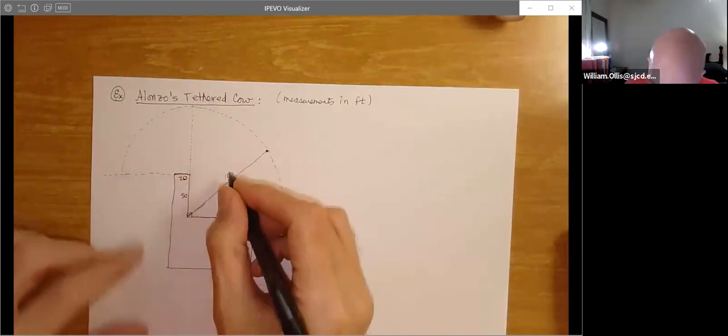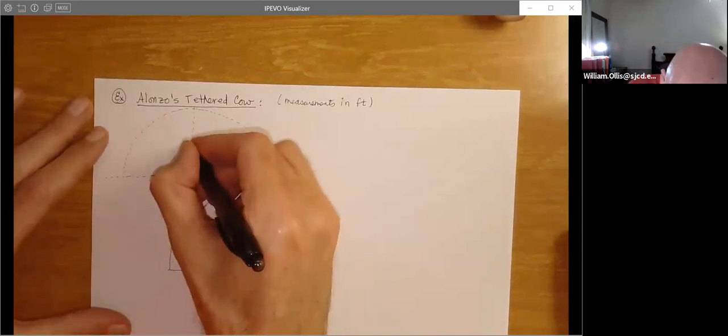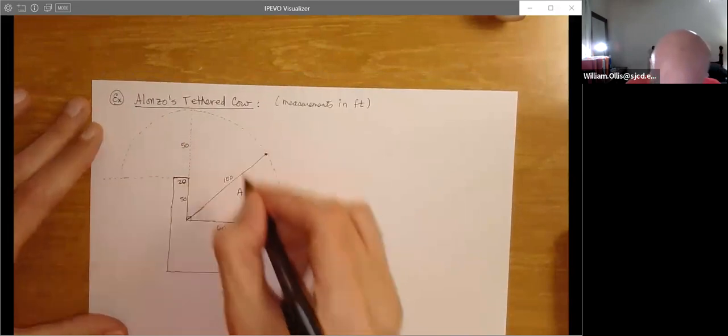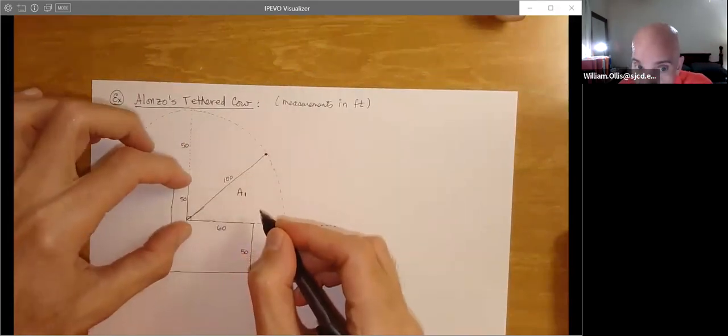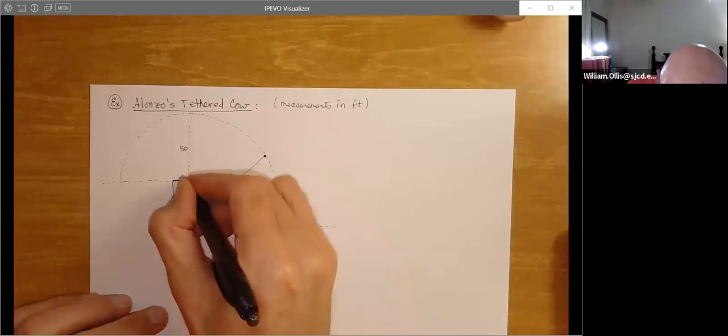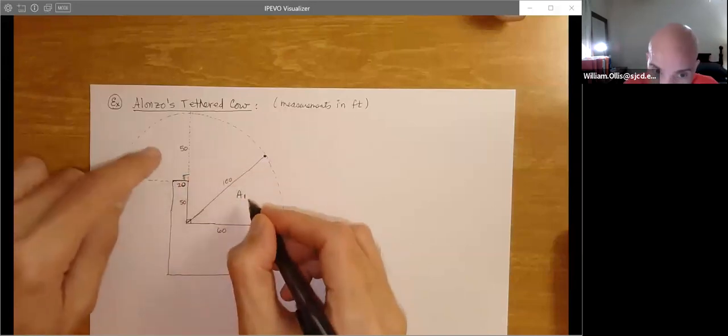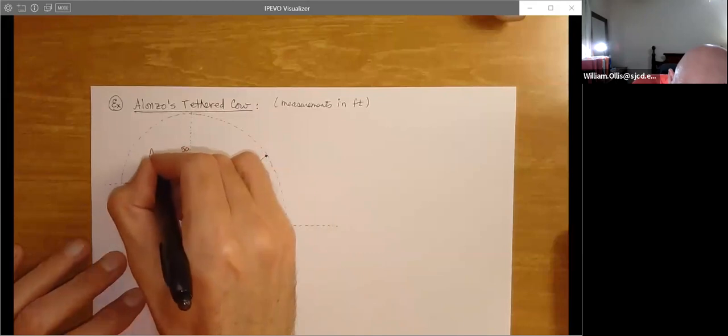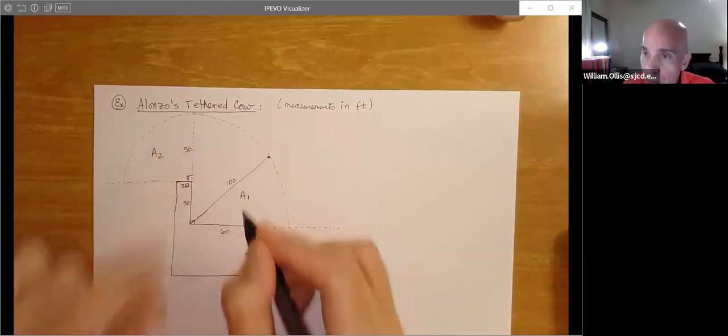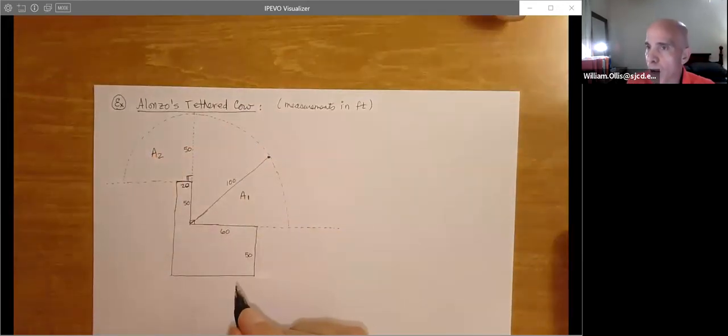But now we see that this new radius is 50 because 50 has been chopped off here. And of course, we have a right angle. So we have another sector here, A2, again with angle pi over 2. So that's the easy part of the problem.